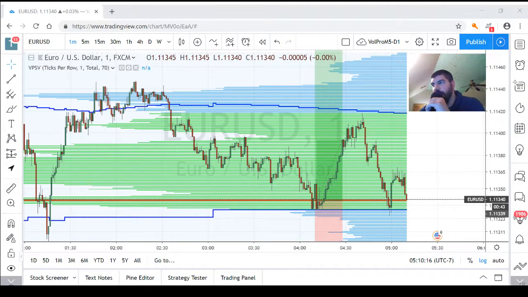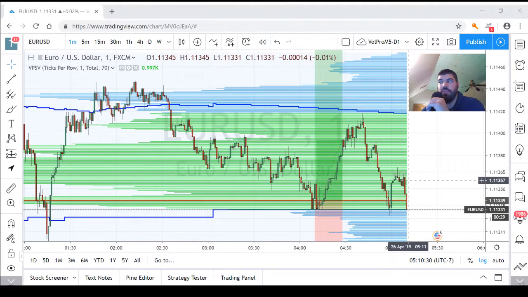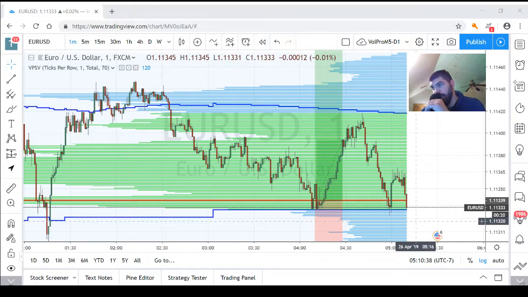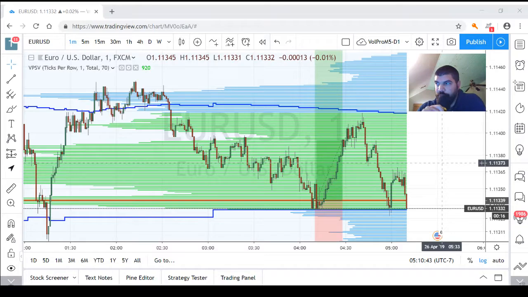So you can see this little area that it's been going through right here at 1134.4. You can see that there's a volume gap. There's not very much volume at that price level, so it's always going to shoot through that price level faster than it normally would. So now that it's getting down as low as it is, it's probably going to break through that previous low, knock everybody's stop loss orders out, and then it's probably going to go back up.